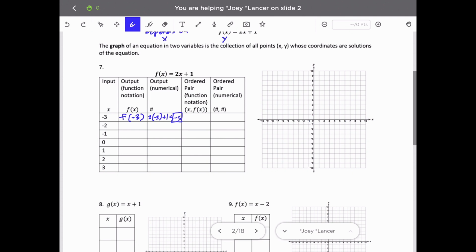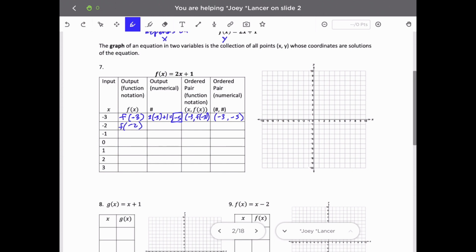And the ordered pair in function notation would be x comma f of x. So here what we're saying is when you input -3, you get a function value of -5. And when you write it numerically, as in just numbers, you get -3 comma -5. So we can go through these.